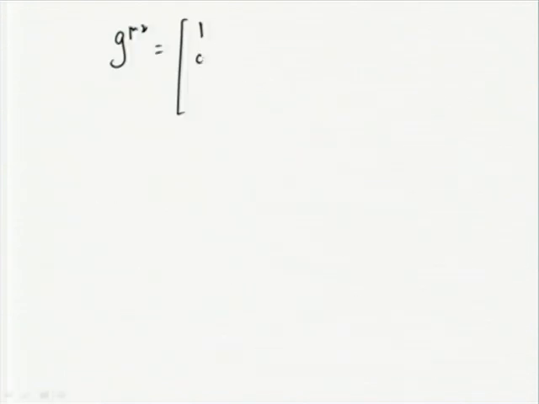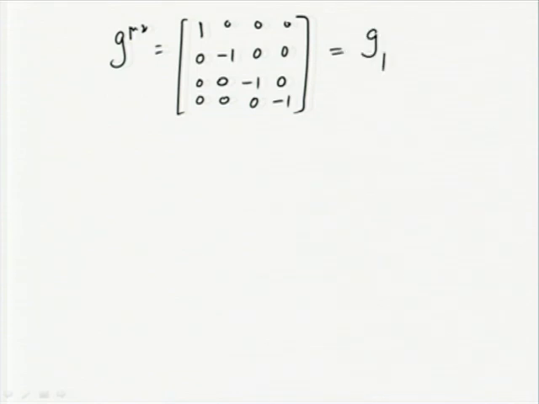So, we have a diagonal 4 by 4 matrix with 1, minus 1, minus 1, minus 1 as the diagonal entries. It is a fully symmetric matrix. Similarly, g mu nu with lower indices also can be written exactly the same way. We can proceed exactly the same way as we did earlier.